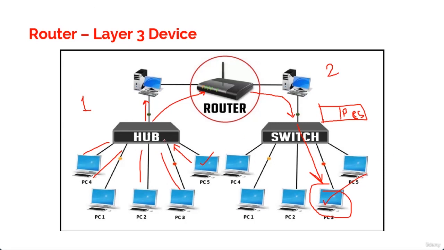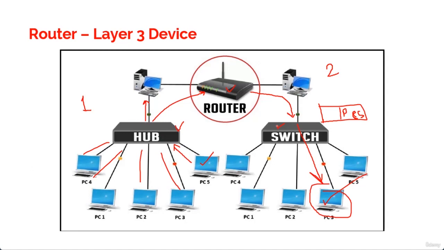We all know that a switch does not broadcast the packet to all other hosts. It transfers this packet only to PC3. So in this way, this is the first segment, and this is the second segment, and PC5 of segment 1 successfully sends data to PC3.